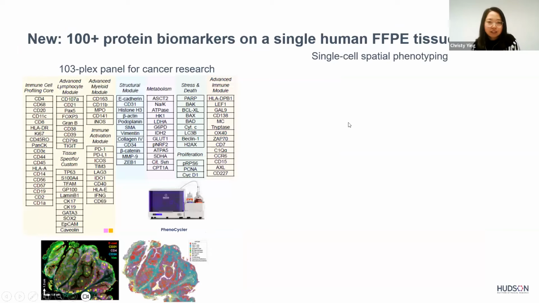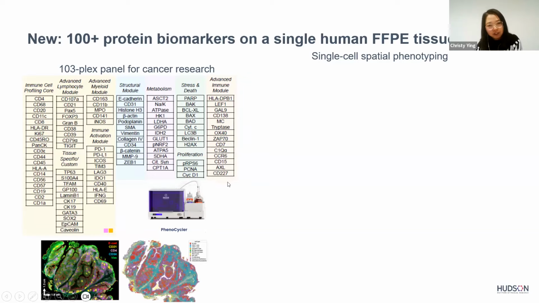So the last slide that I would like to share with you is a new technology that has been emerging recently. People are now starting to do single cell spatial phenotyping, which allows more than 100 protein biomarkers on a single human FFPE tissue.